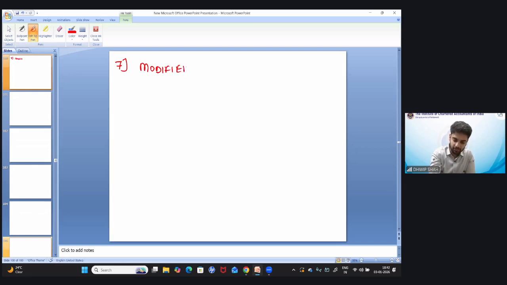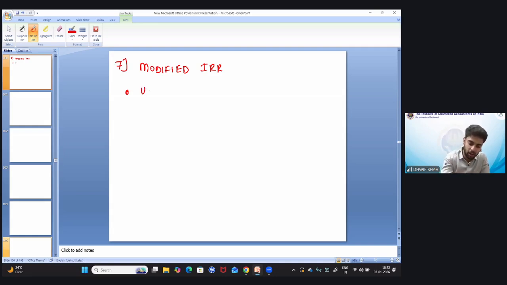modified IRR. Any modified version, can I say it is the upgraded version? It would have removed some defects of the previous version. Yes or no? It would have resolved some of the limitations of the previous version. Correct? So modified IRR has resolved one of the drawbacks of IRR.